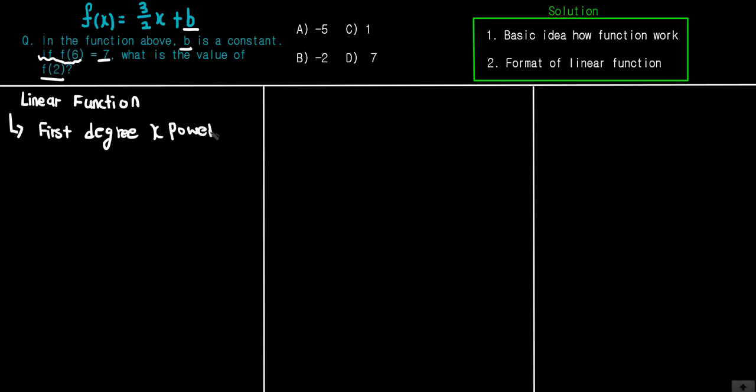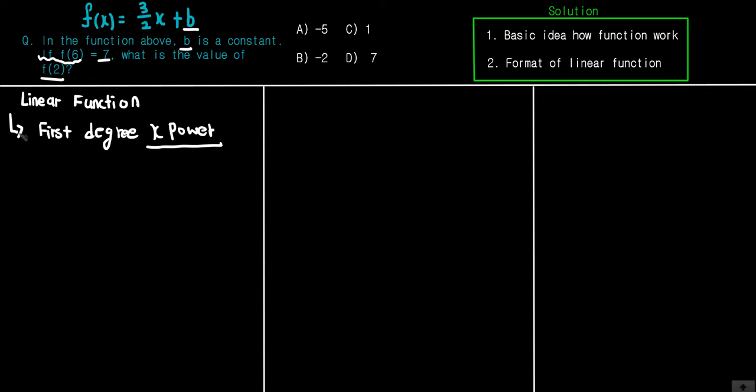That means it is not a square, it's just a first power, so the x term should always be first power. Even though they didn't write it as first power, we can figure out that it is a linear function.